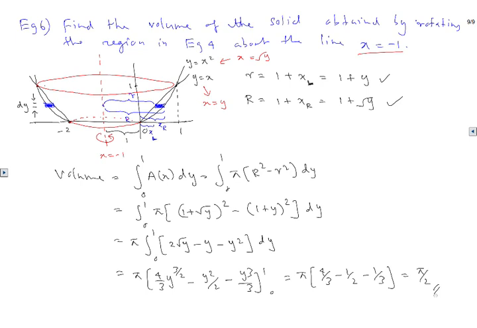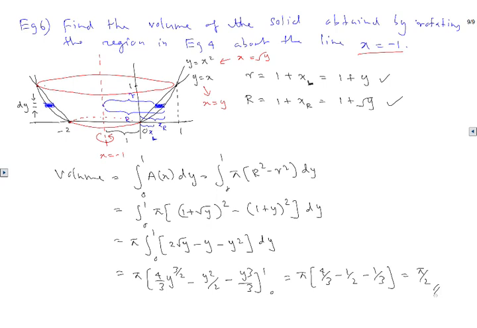Okay, pi over 2. That's the volume of the solid. And make sure that you do all the work when you do this problem in the homework, because in the exam you only get 10% for the final answer, so everything else goes to the rest of the work. For drawing it correctly, you get some points. Finding the radii, you get some more points.